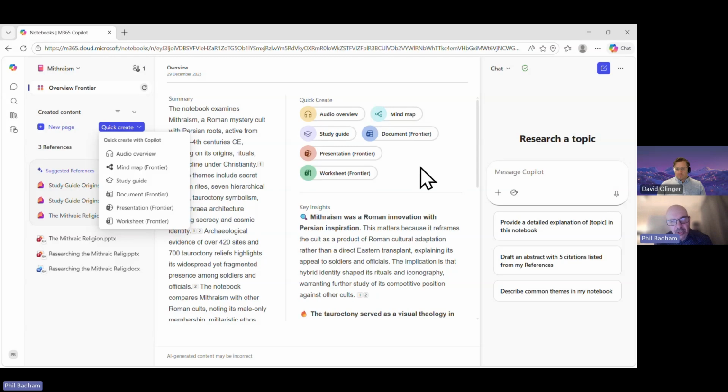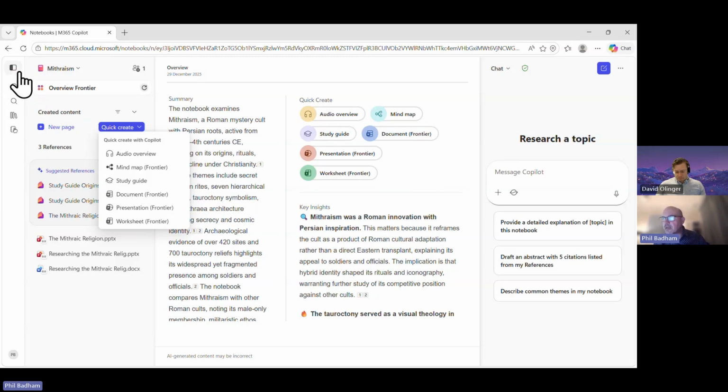Copilot can create an audio podcast of your particular content. But not only can it do that, it can also put it together into a study guide format, a presentation, a mind map. There are various other ways in which that information can be reprocessed and pointed back at the student. So just be aware that these Copilot notebooks have real power to deliver content to learners, particularly if they have different preferences for receiving that information.